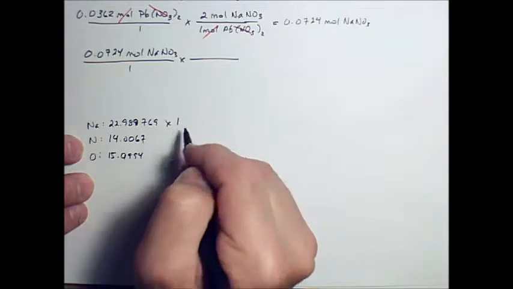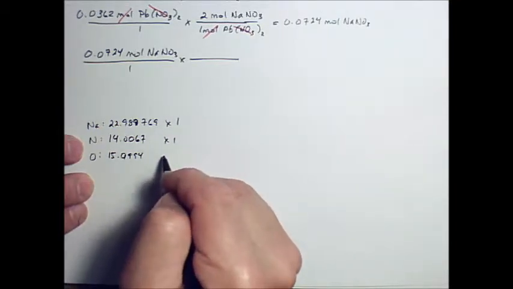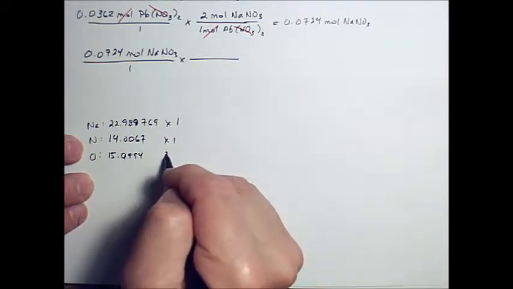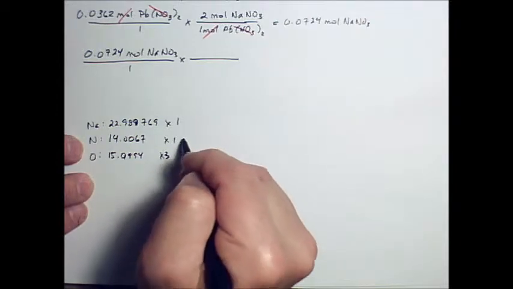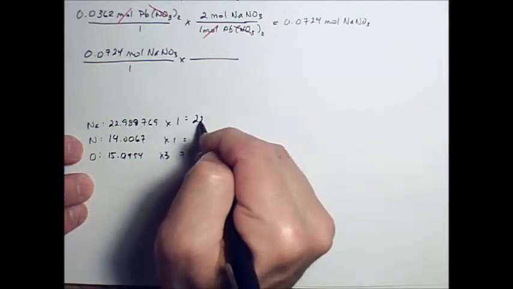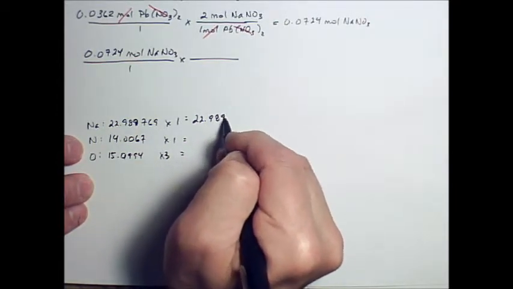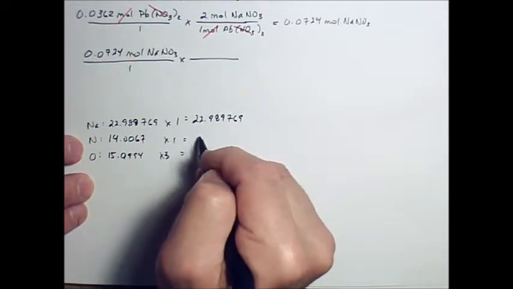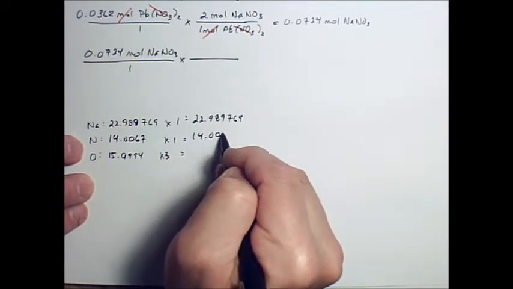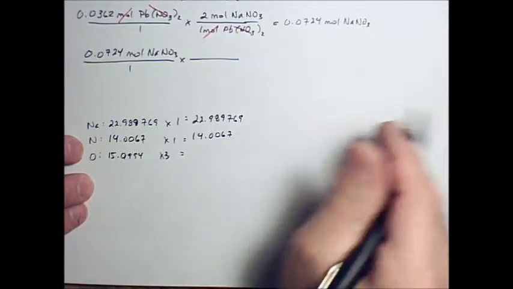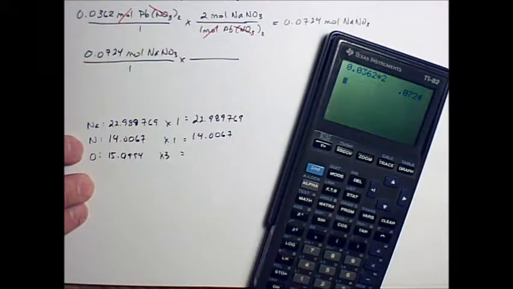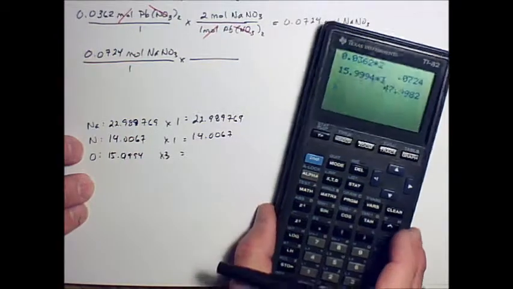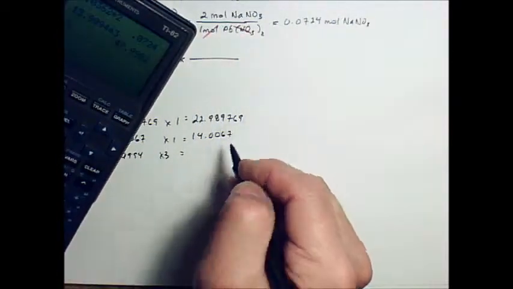There's 1 sodium, 1 nitrogen, times 3 oxygens. You get 84.994669 and 47.9982.